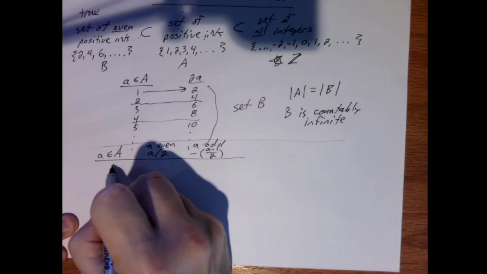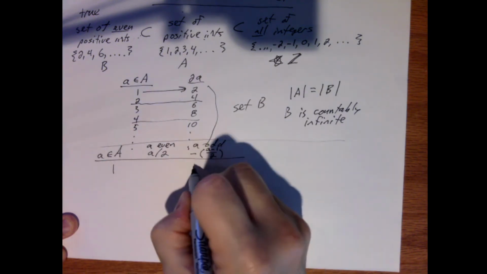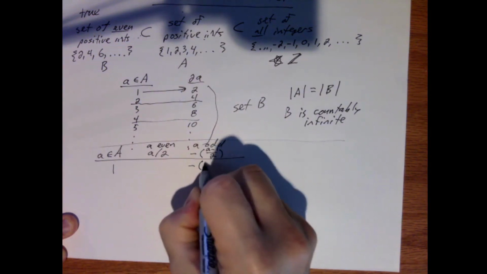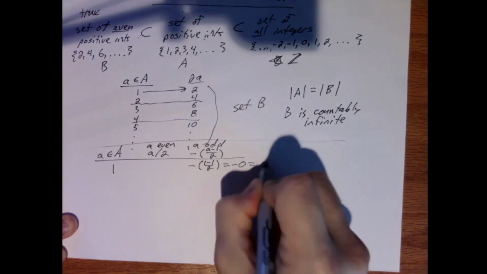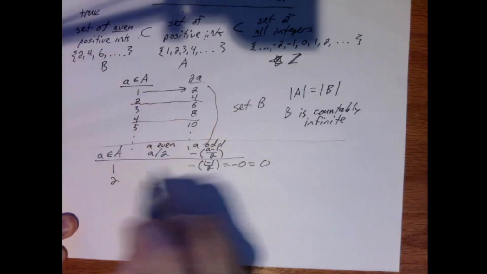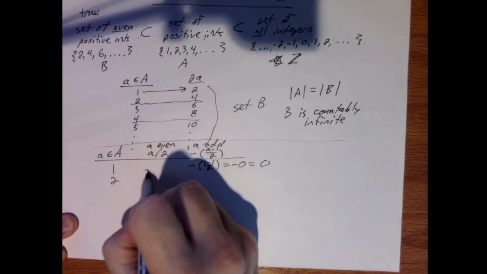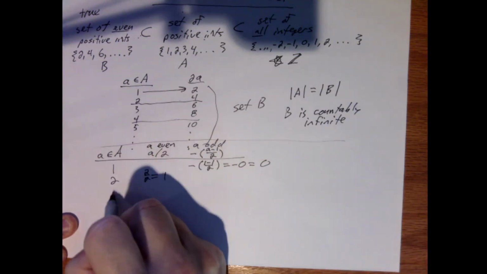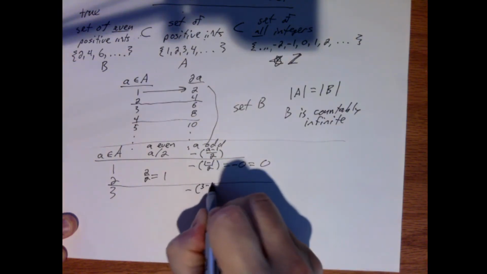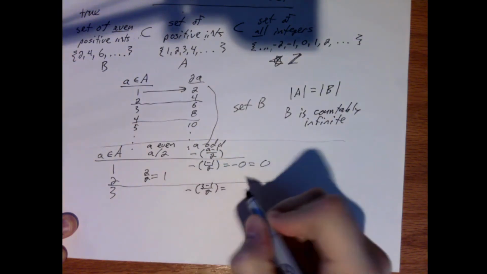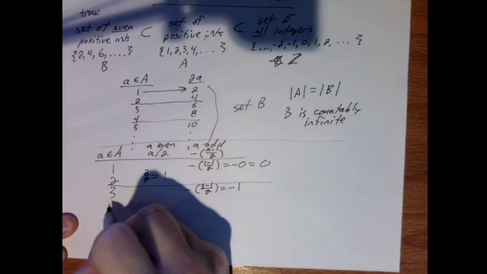So when a is 1, that's odd, so I have minus (1 minus 1) over 2, which is minus 0, which is really just 0. For 2, that's even, so I have 2 divided by 2 is 1. For 3, this would be minus (3 minus 1) divided by 2, which is equal to negative 1.